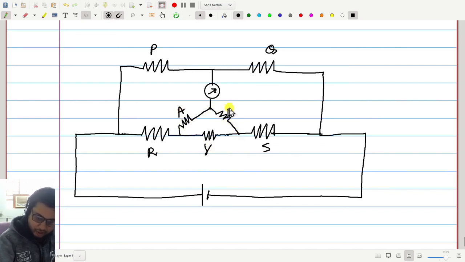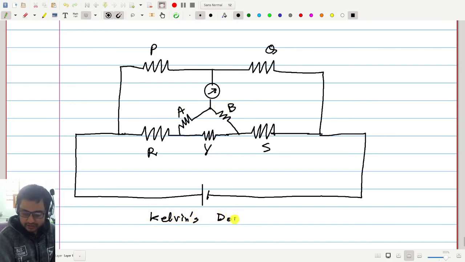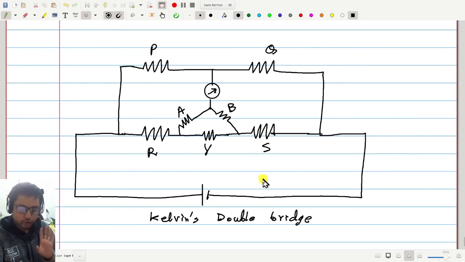Call it A, call it B. Okay. So this is the modification done to a normal Wheatstone bridge, and this is called Kelvin's double bridge. Today we shall just find the balance equation for this bridge.